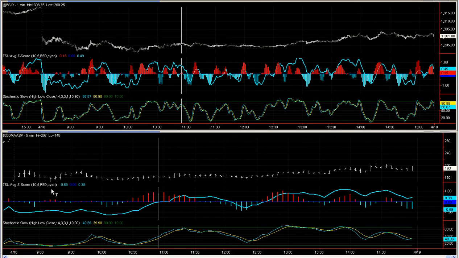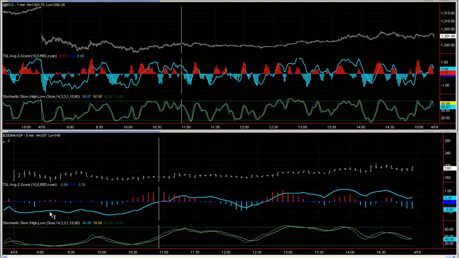Now here we have the same concept once again, except here we're using a 20-day moving average instead of a 10. Apply it in the same fashion that we applied the rules to the 10-day moving average: only short trades below 0, long trades above 0, and the slope of the z-score always has to be in agreement.